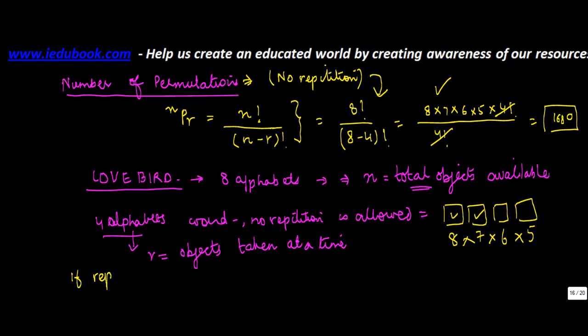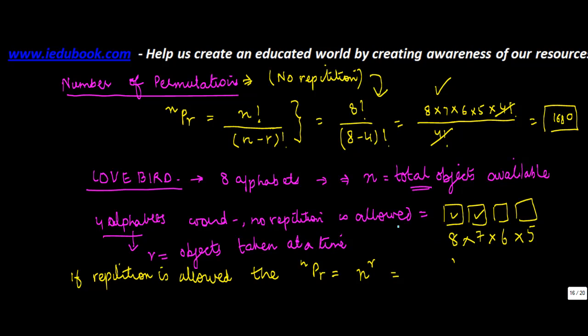If repetition is allowed, then the number of permutations, referred to as nPr, is written as n to the power r. So suppose in this case repetition was allowed, how would you fill in position 1?